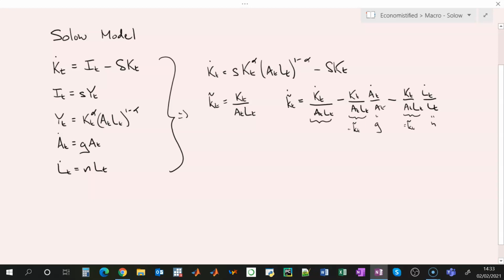And this we can multiply and divide by big K dot, and we get K dot over K times K over AL, and that's of course equal to k tilde as well. So rewriting that, we get k tilde dot, the change in capital per unit of effective labor supply over time, is equal to this.